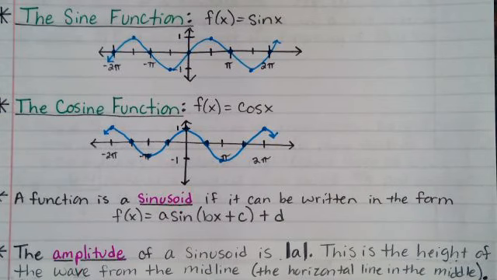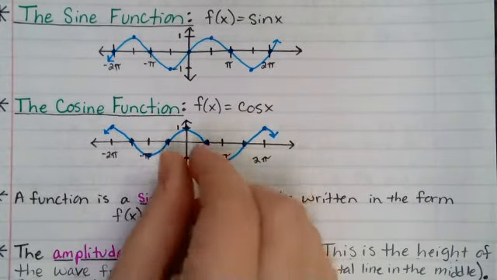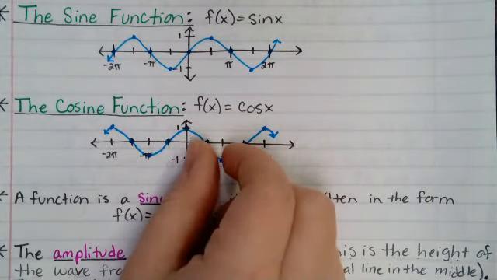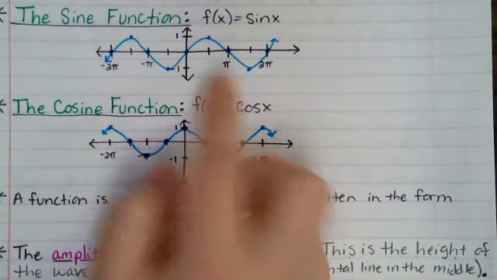They honestly have all the same attributes except for where they're hitting the y-axis, so their inputs and outputs don't match up entirely. However, if I take this cosine function and shift it to the right pi over 2 units, that's going to look exactly like the sine function.